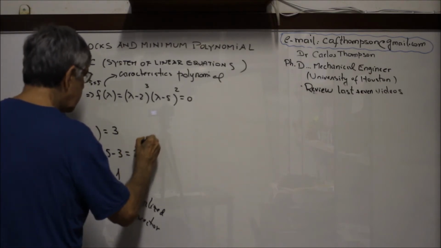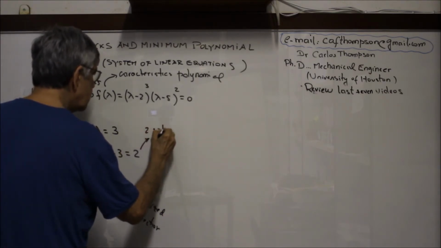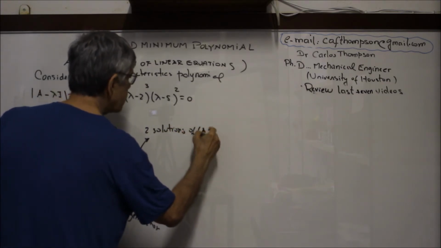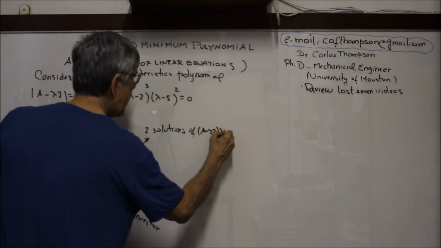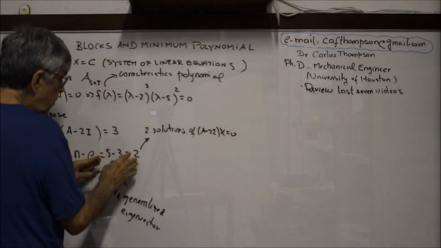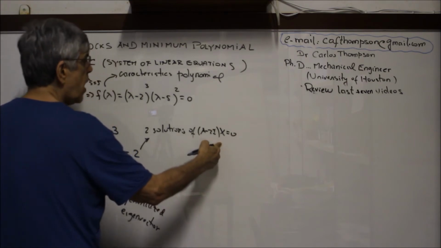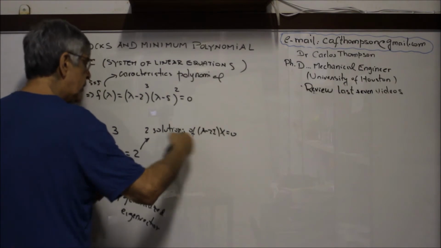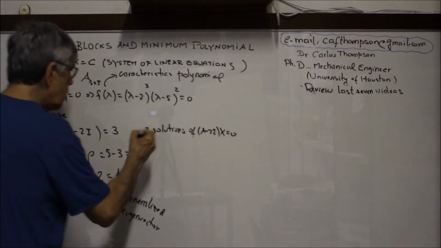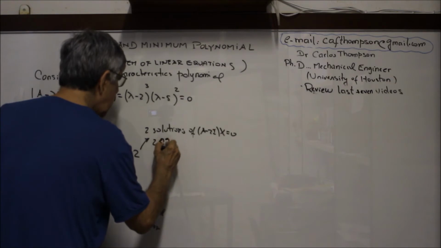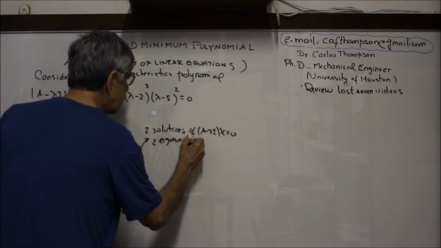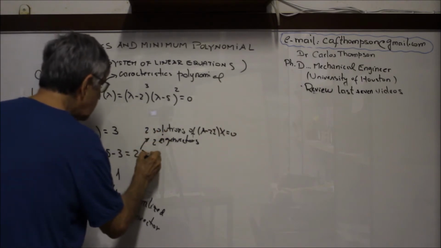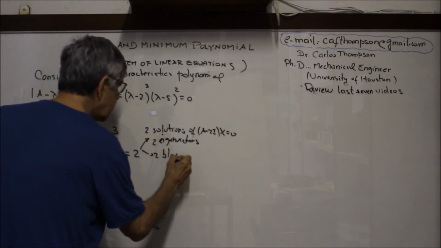This means two solutions of A minus 2I times x equal to 0. So when I solve this homogeneous equation, A minus 2I times x equal to 0, I will find two solutions, or two eigenvectors. And also two blocks.